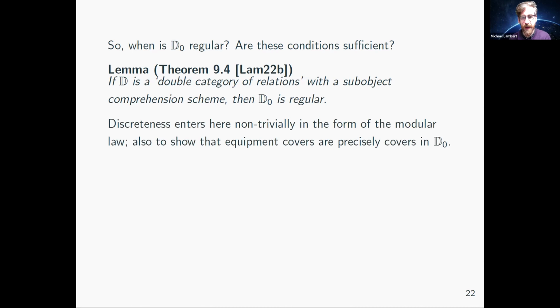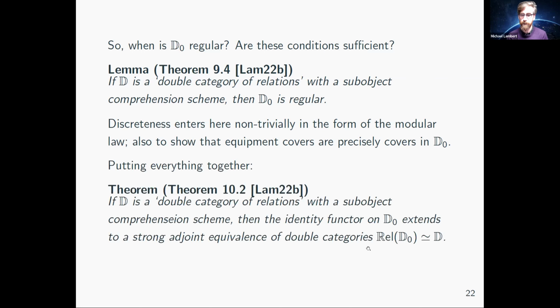Okay, great. And then the other thing is that you want to show that the covers in the equipment structure coincide, or are essentially the same thing as, the covers in the regular category. And that's the other thing you can get from assuming that you have a double category of relations. So actually, that just kind of wraps everything up. Turns out that if you have a double category of relations with a subobject comprehension scheme, the identity functor extends to a strong adjoint equivalence of double categories.